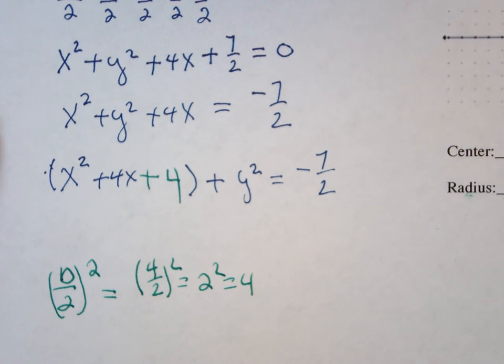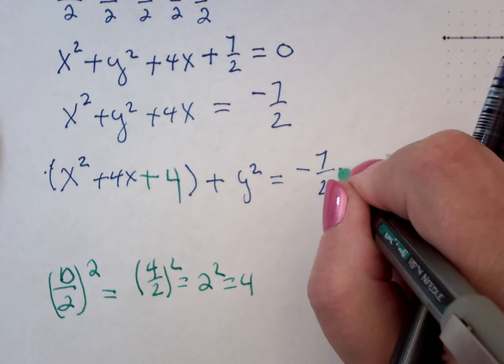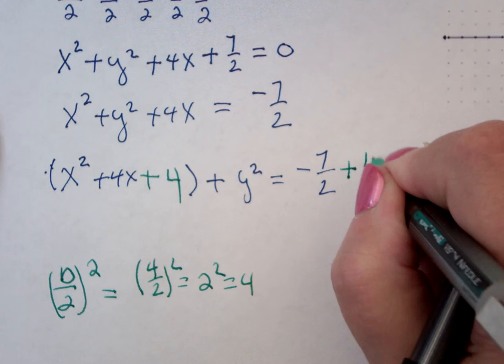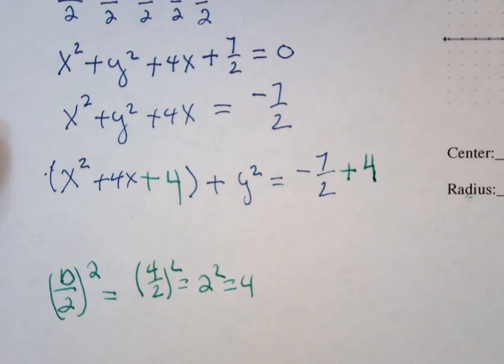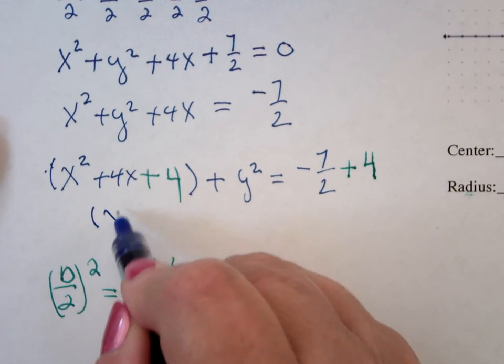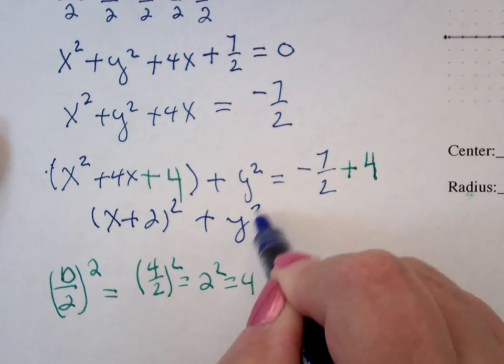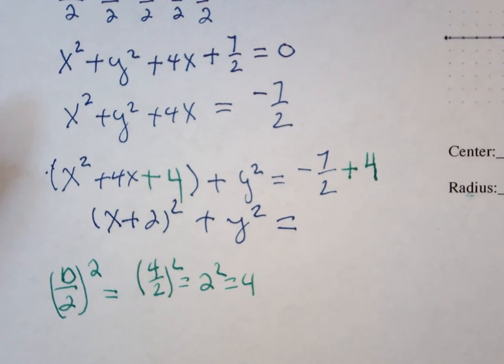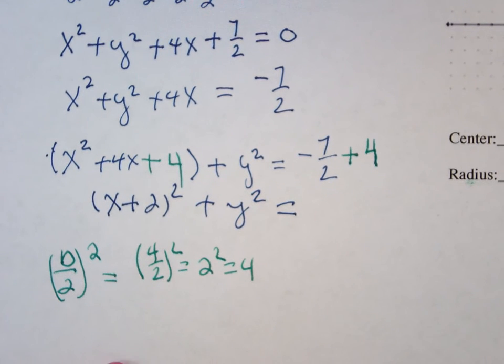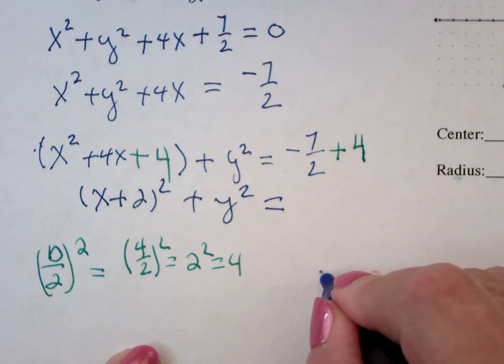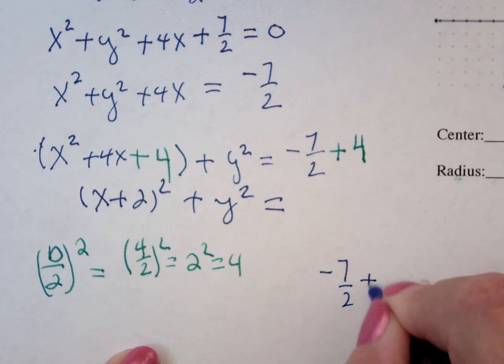And what I do to one side, I must do to the other. So this says that x plus 2 squared plus y squared equals, well, I got a fraction, so negative 7/2 plus 4.